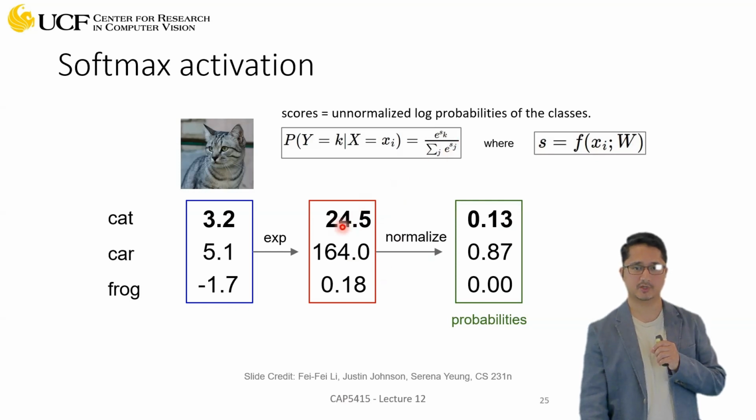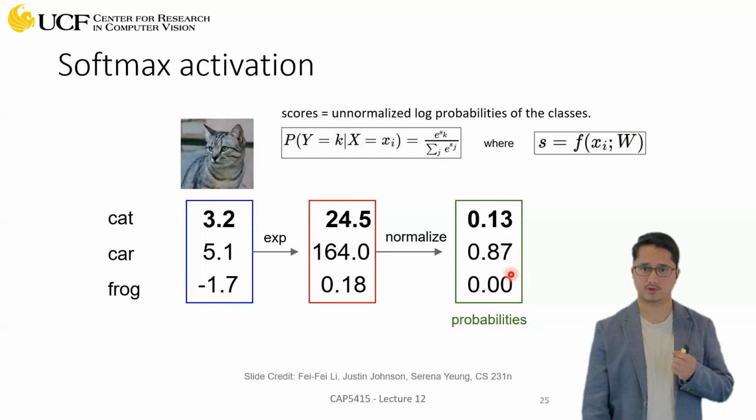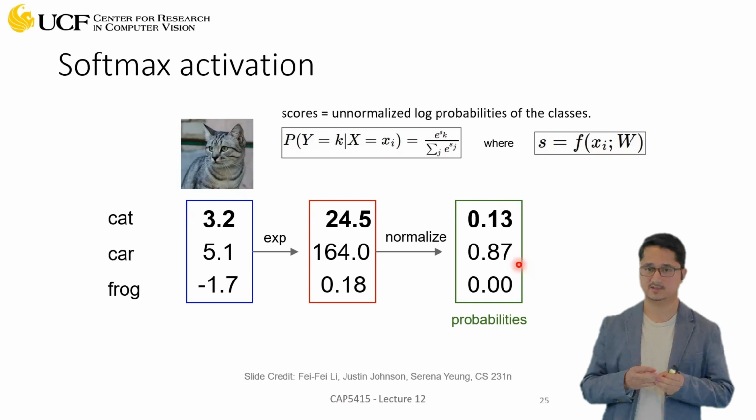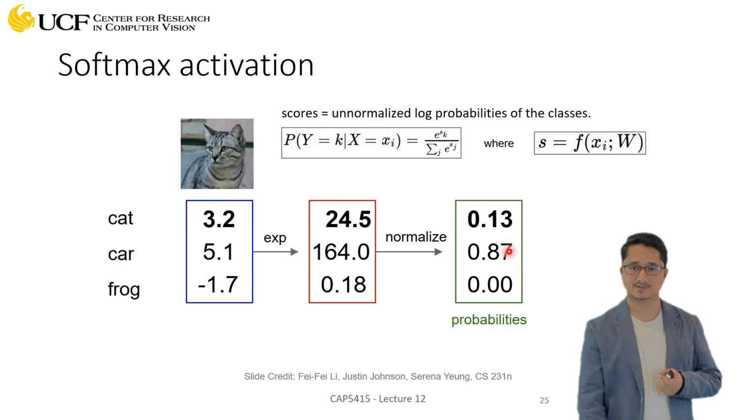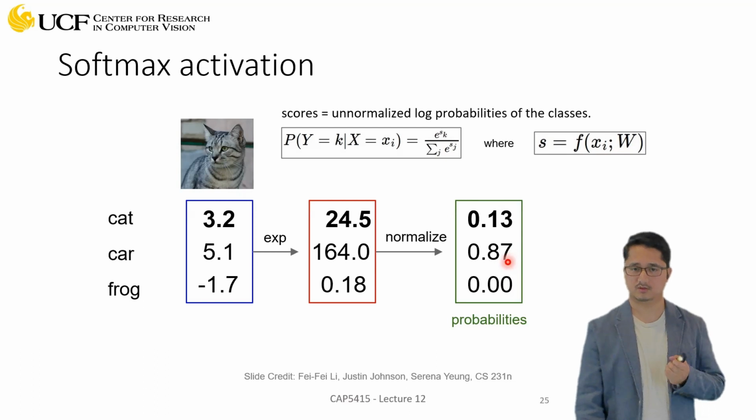So in this case, it will be 24 over that 190, and that will give you 0.13. And this will be 164 over 190, and this is going to be 18 over that number, so pretty close to 0. And these are actual probabilities. There are some interesting properties here. You can easily say that the confidence score of this prediction for this image being car is 87%.